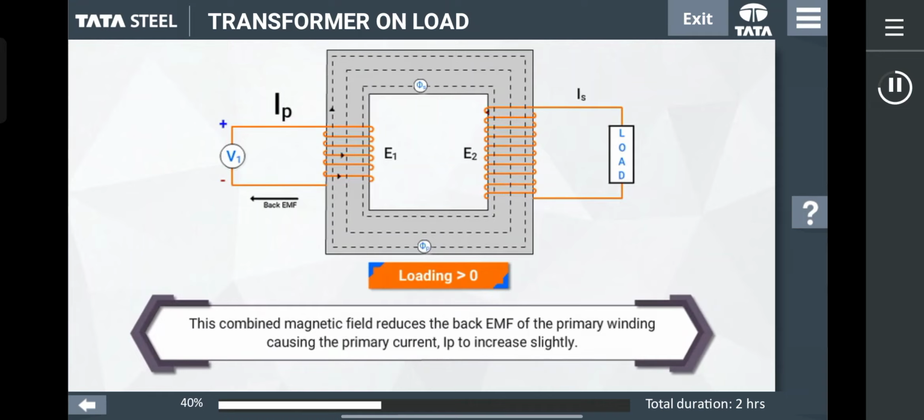The primary current continues to increase until the core's magnetic field is back at its original strength, and for a transformer to operate correctly, a balanced condition must always exist between the primary and secondary magnetic fields. This results in the power being balanced and the same on both the primary and secondary sides.